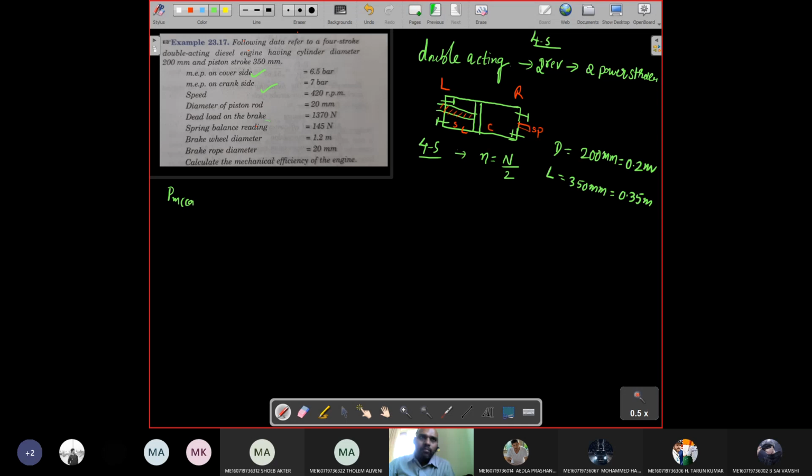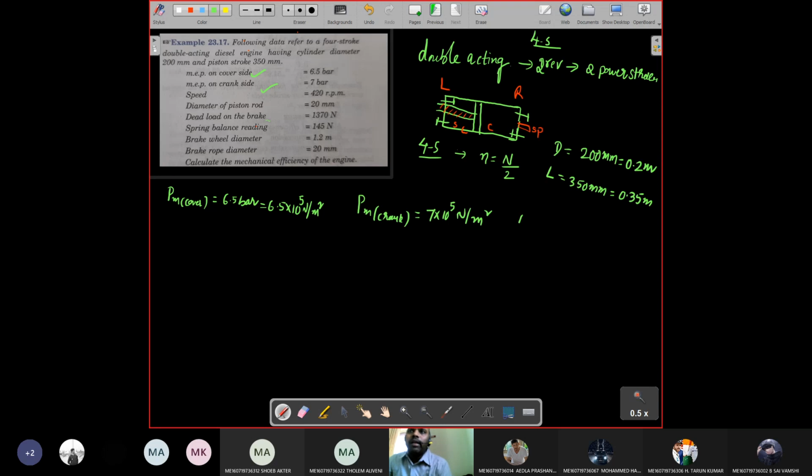P mean on cover end equals 6.5 bar, which is 6.5 into 10 power 5 Newton per meter square. The mean effective pressure on the crank side, that is the rod side, is 7 bar, 7 into 10 power 5 Newton per meter square.